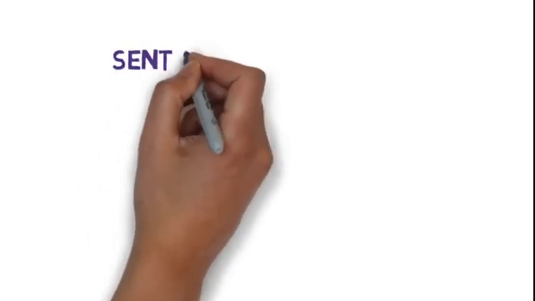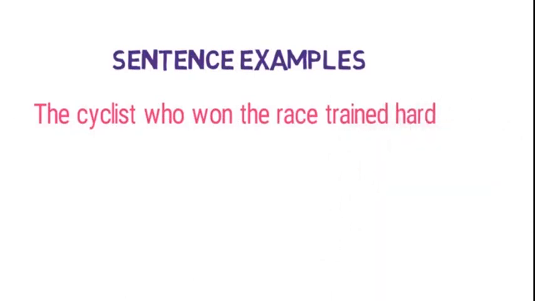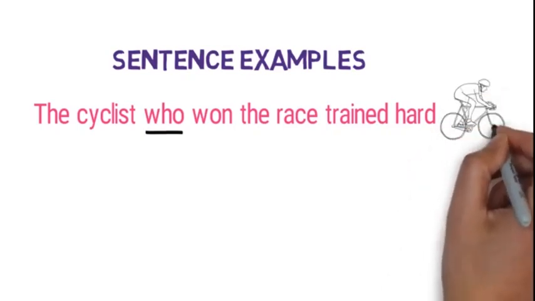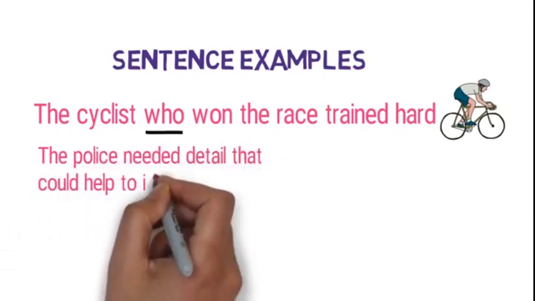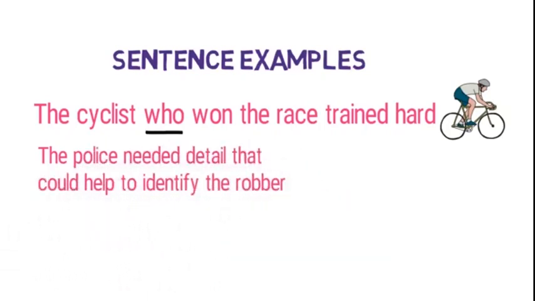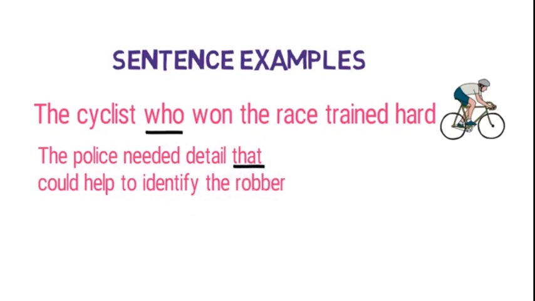Now let's look into the sentence examples of them. The cyclist who won the race trained hard. Here, who refers to the cyclist again in the sentence. So, it is a relative pronoun. The police needed details that could help identify the robber. Here, that is used to join two sentences.